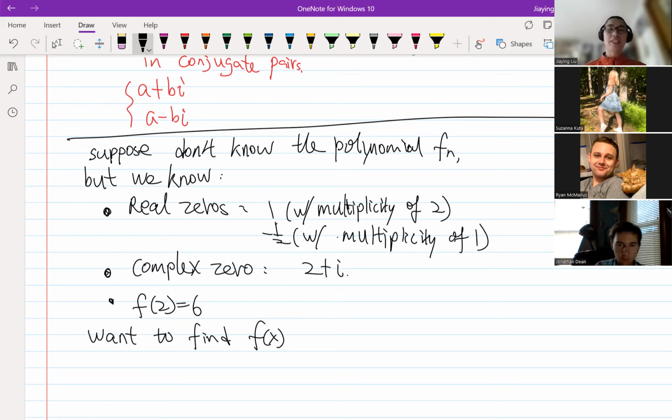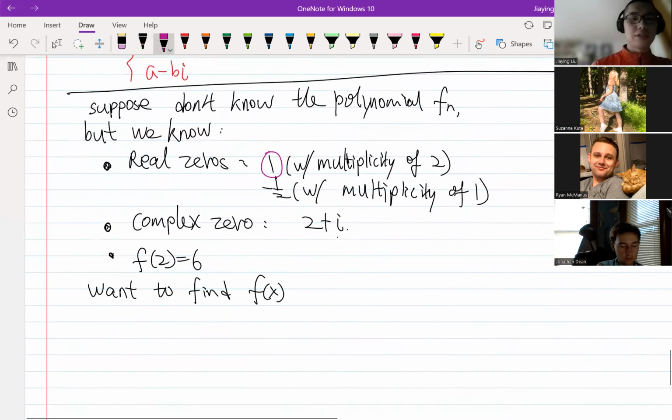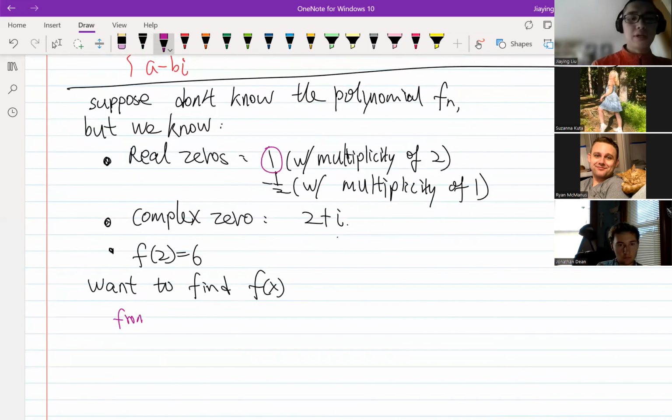The way to find it is to recognize that if the real zero x equals 1 has a multiplicity of 2, then x minus 1 squared must be a factor in the polynomial function.